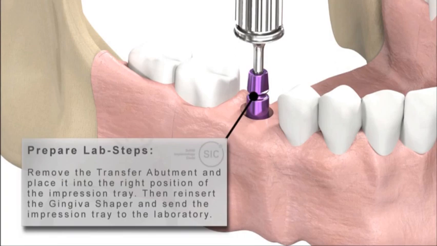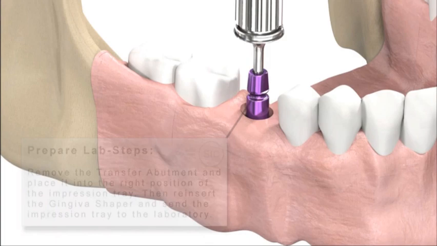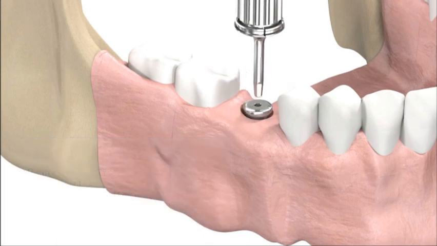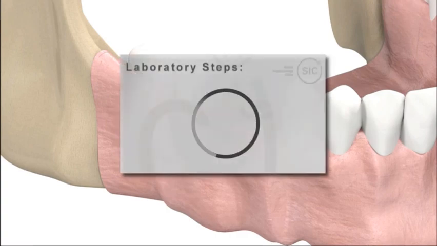Then you see here the transfer cap comes out with the impression post. It comes out with the impression tray. Unscrew the abutment or the impression post.